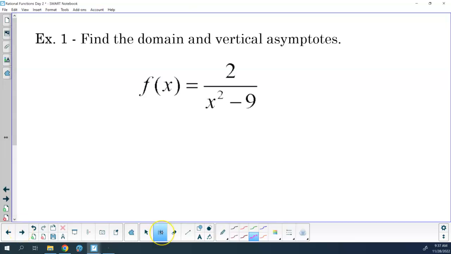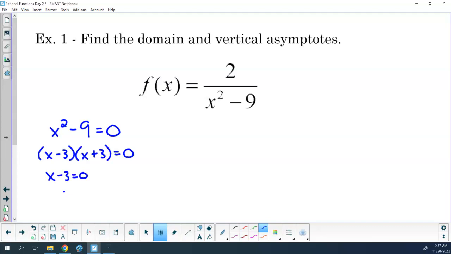So if we need to find the domain and the vertical asymptotes, we would set our denominator equal to 0. Now, we could factor this perfect square minus a perfect square, then set the factors equal to 0. That works in this case.